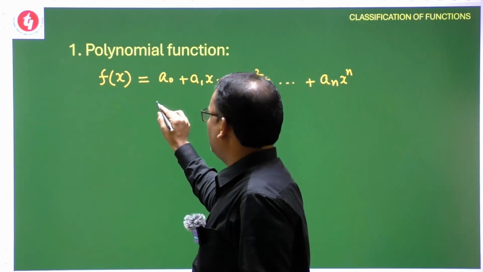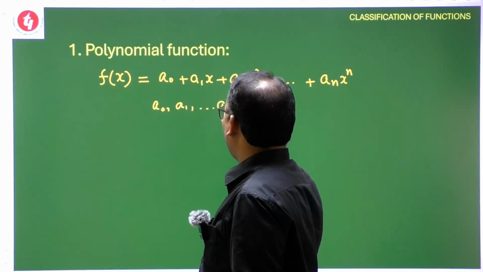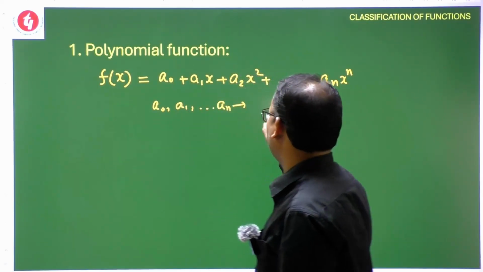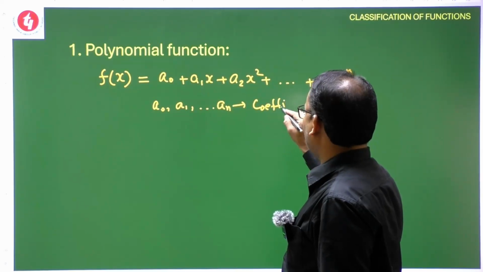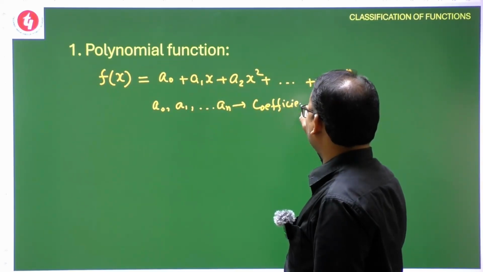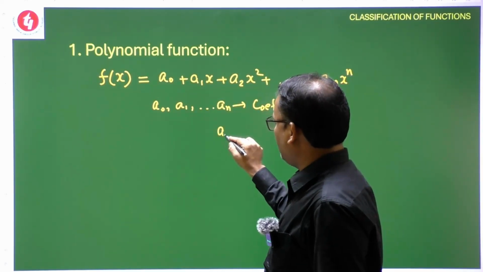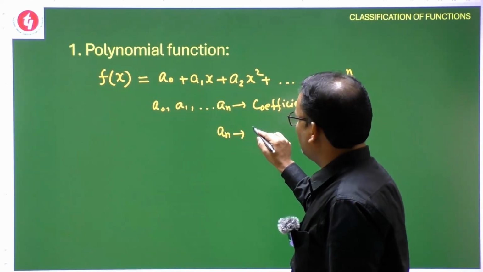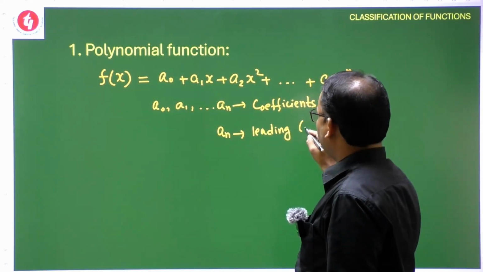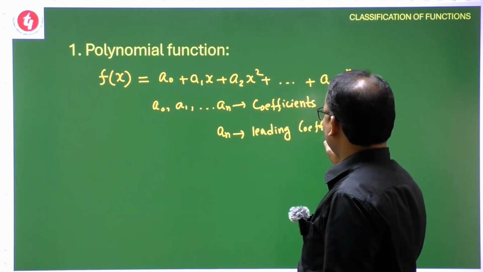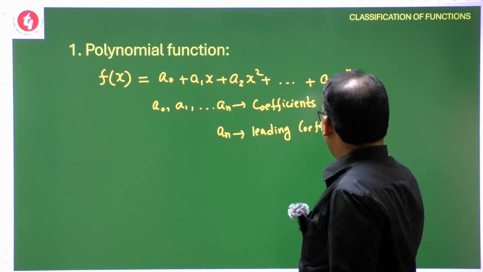Here a0, a1, an are called coefficients, and an, only an, is called the leading coefficient.